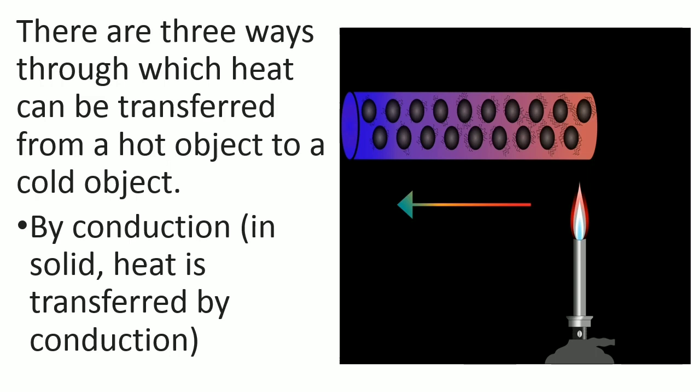So this method is known as conduction of heat, where the particles do not actually move, but they transfer the heat from one particle to another particle. Notice that when the particles get heated up, they also start to vibrate.